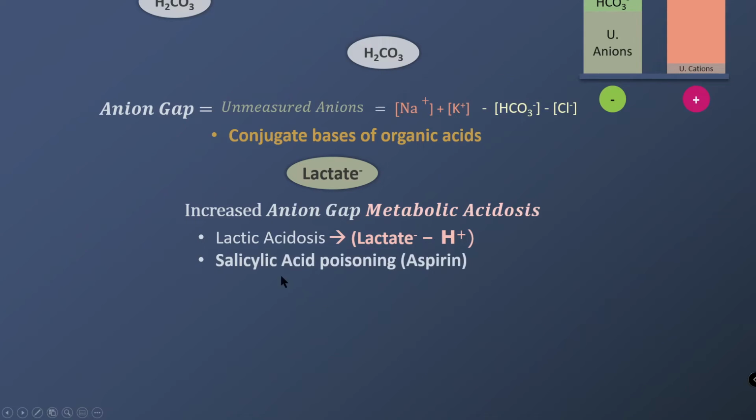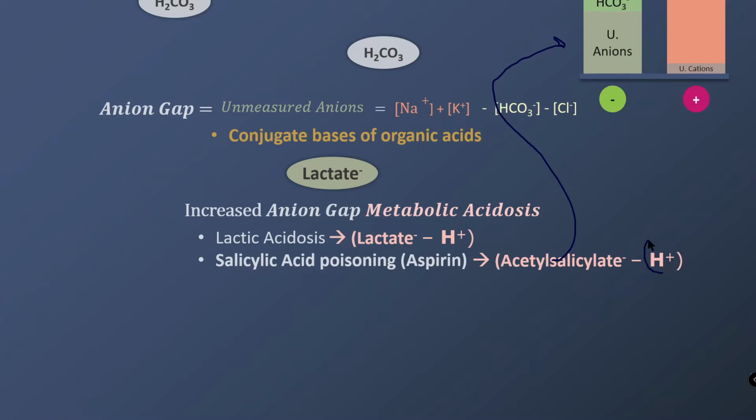Another example, salicylic acid poisoning or aspirin poisoning. Basically it is acetyl salicylic acid. I have wrongly written here, sorry about that. So acetyl salicylic acid will be dissociated into acetyl salicylate, which is a negatively charged unmeasured anion.